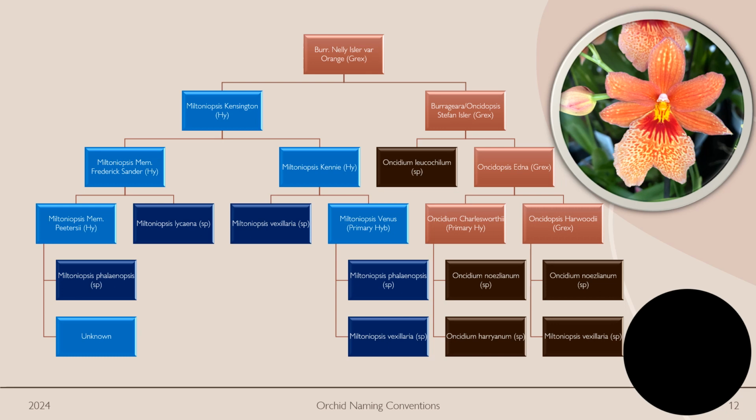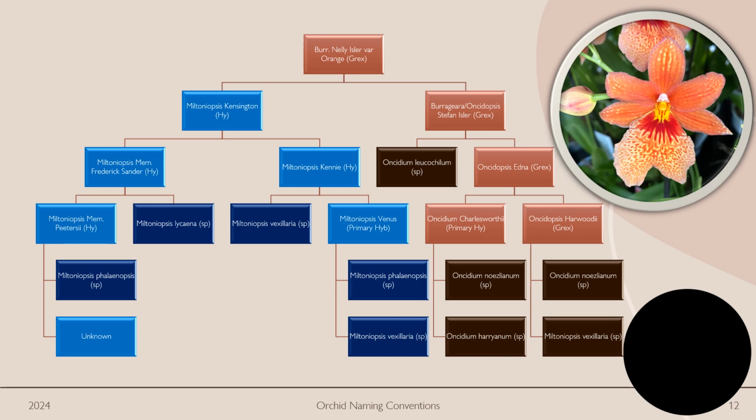Frederick Sander is a hybrid between a Miltonopsis hybrid and a Miltonopsis species. Where the species have occurred in the breeding of this Nelly Isler, I've put them in a slightly darker colour. So if you count the dark coloured species, there's 1, 2, 3, 4, 5, 6, 7, 8, 9, 10 times that species were used to create the Nelly Isler orange variety.